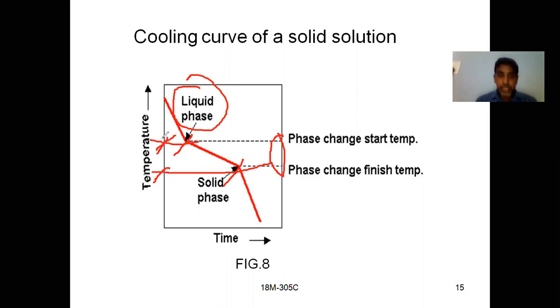Whereas in your pure metal, you are having a definite point at a particular temperature. That's it. There is no range. Here you are having a range from here to here. So that is the difference between the cooling curve for a pure metal and a solid solution.